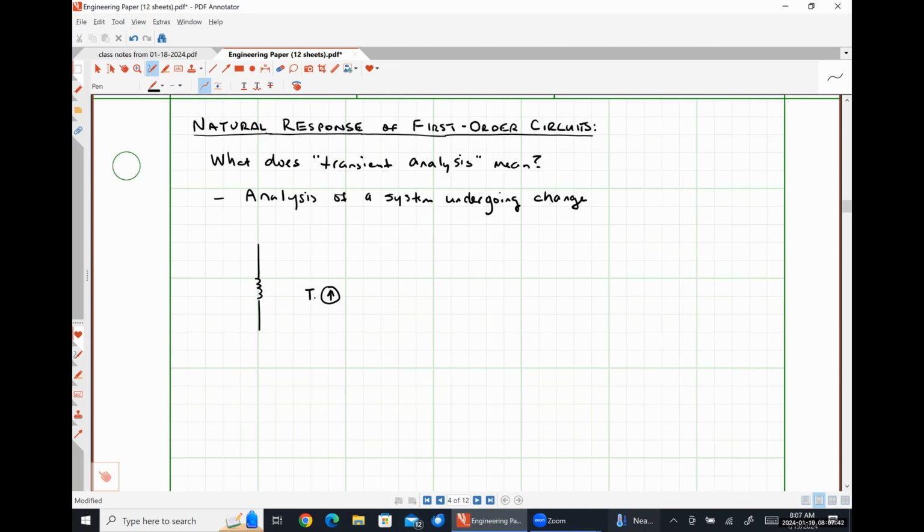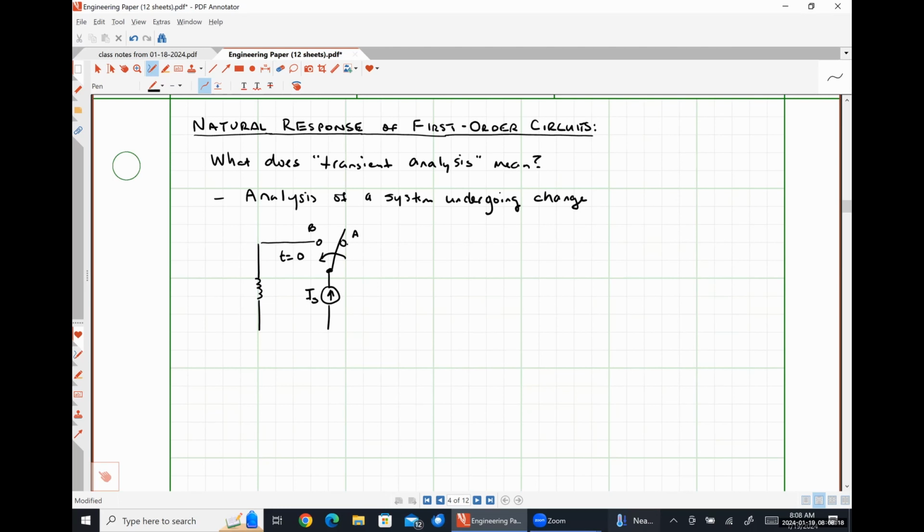So here's some current source IS, and it's going to be connected to a switch, like so. And let's say that the switch is originally closed over here at position A, and then at some point in time, which we're going to call t is equal to 0, our switch is going to change states and close to position B.